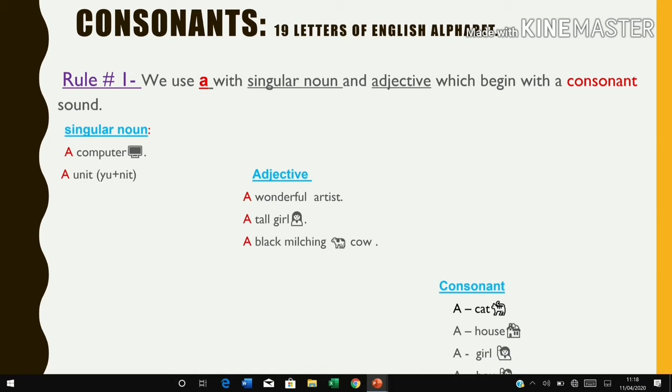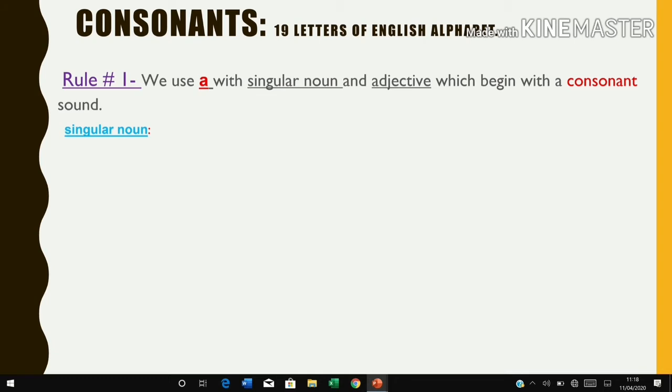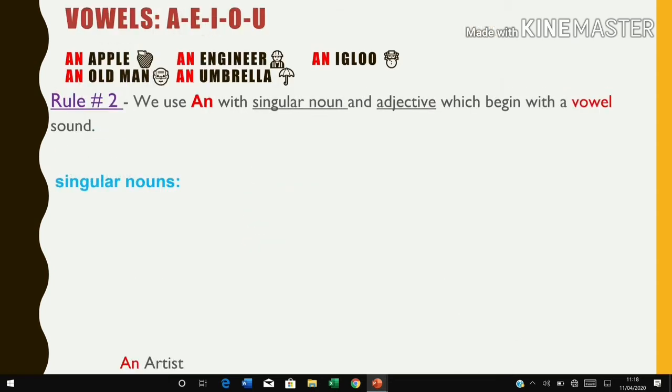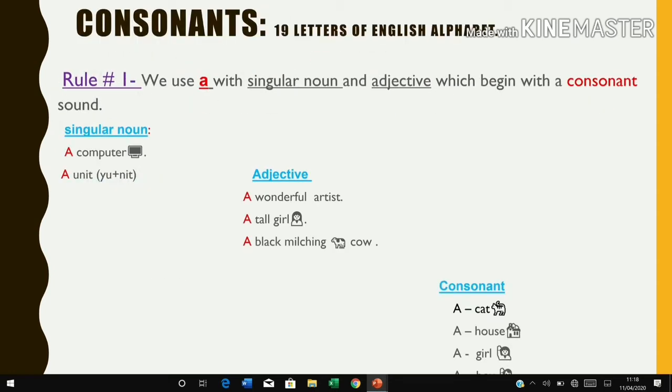Computer is a singular noun which starts with the sound k. Unit starts with the sound y. For adjectives, we have the wonderful artist, where wonderful is an adjective and artist is a noun, and tall girl. Girl starts with the sound g.